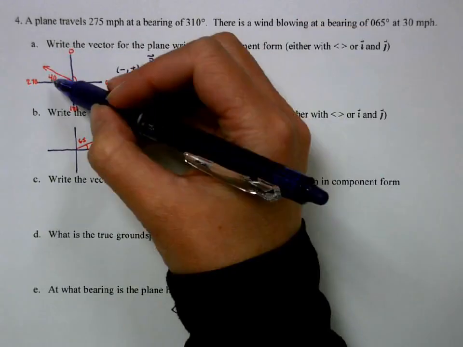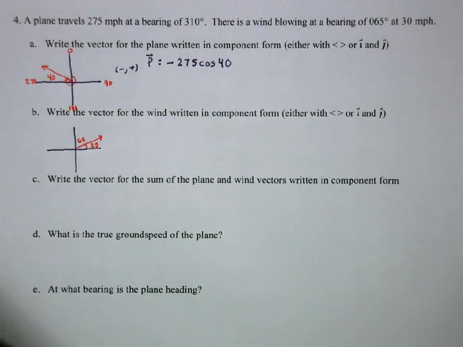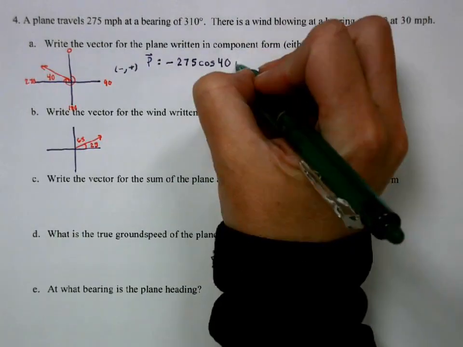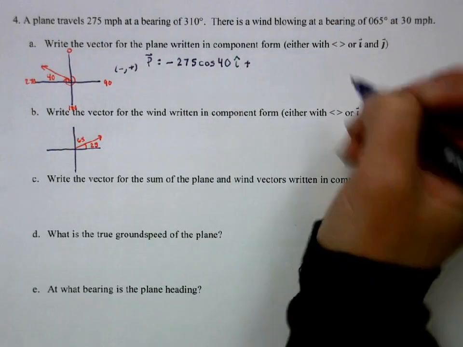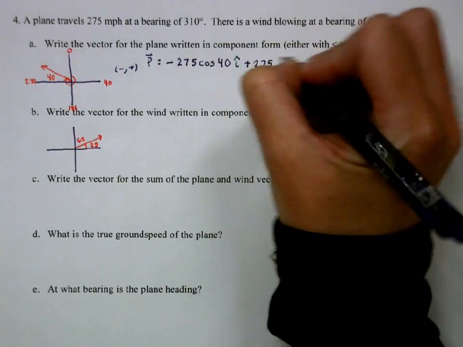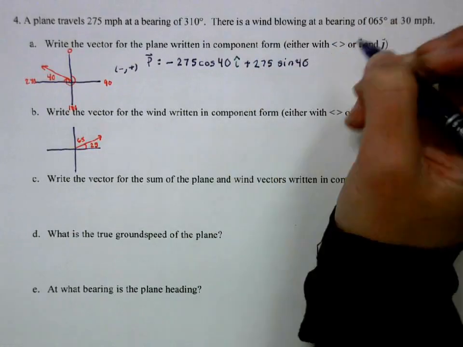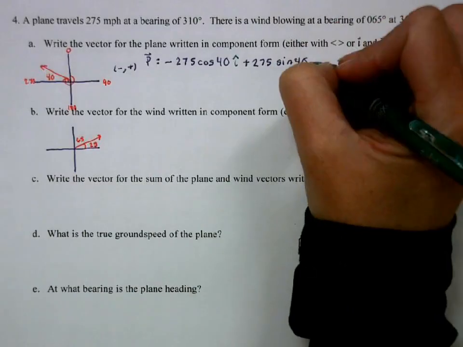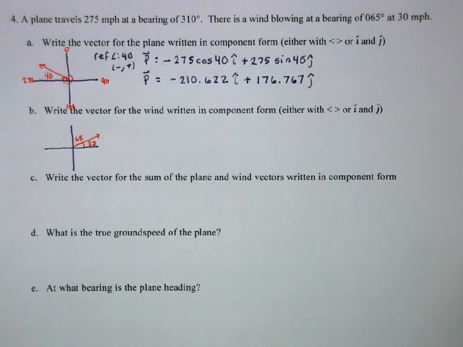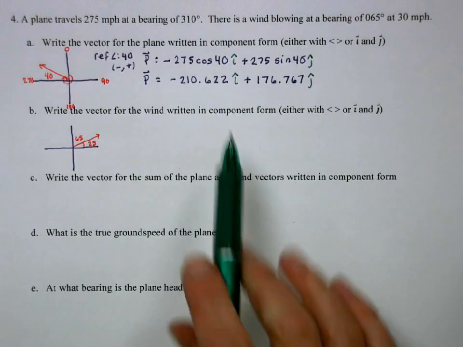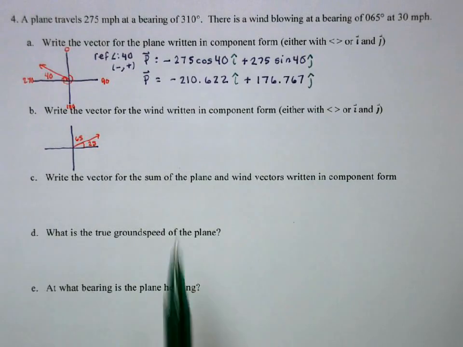My y component, I'm going to use the i and j notation. The vertical piece is positive, and it's going to be 275 sine of 40. I'm going to label that with a j. Again, you can label it as long as it is clear what is x and what is y. Now we're going to type it into the calculator, and make sure your calculator is in degrees. So that's what's happening with the plane. It goes negative 210 in the x direction, positive 175 in the y.